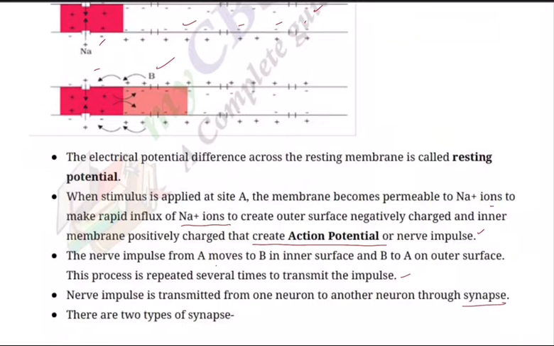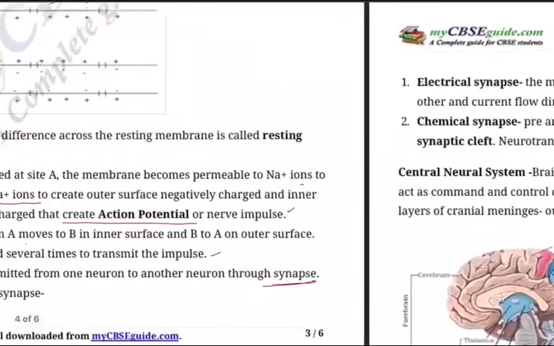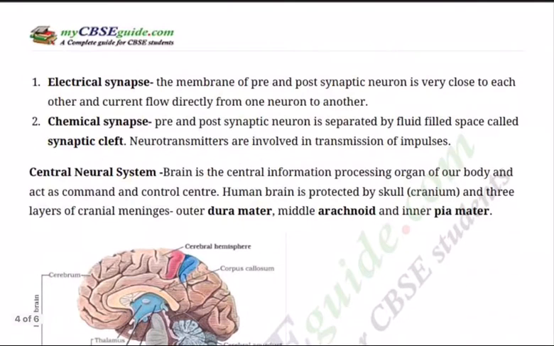Nerve impulse is transmitted from one neuron to another neuron through a synapse. Recollect from your memory, yesterday I said the minute gap between the branches of the dendrite of one neuron and the branches of the axon of another is the synapse, and it helps in enhancing the speed of nerve impulses from one neuron to another. There are two types of synapses.